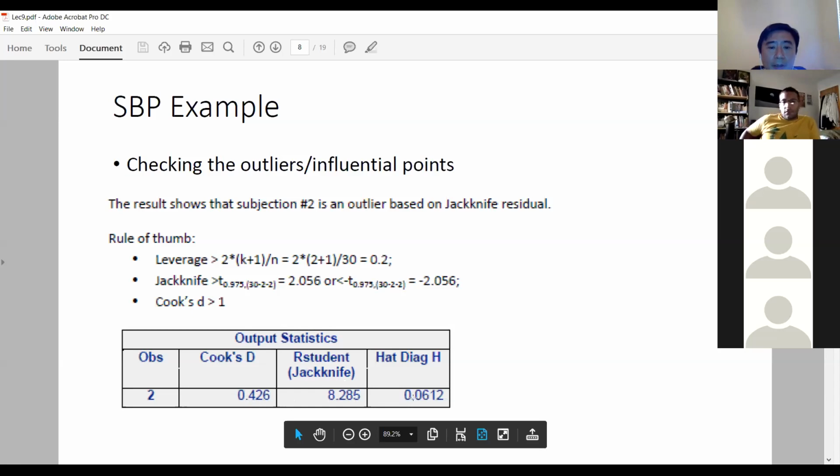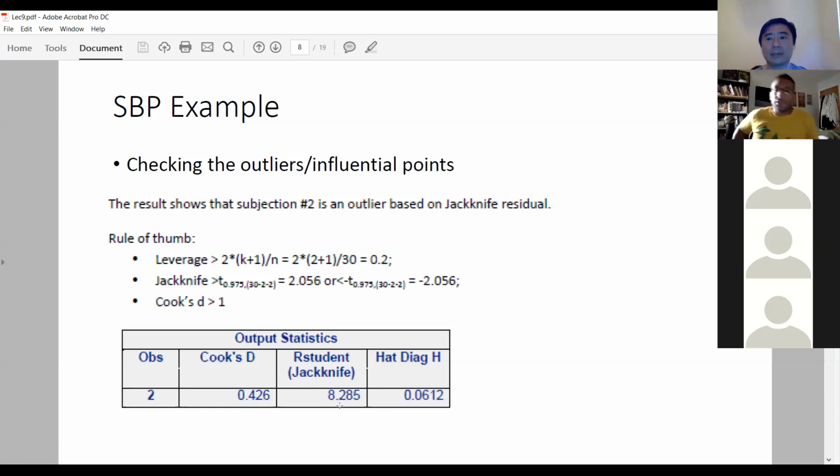Say based on two of them you will not reject, but based on another one you will say this is an influential point. You have to pre-specify one beforehand. Just make sure it's not data-driven, because data-driven is kind of a cheating thing. Just specify one before you run the analysis. Gotcha. So it's not based on your own influence.